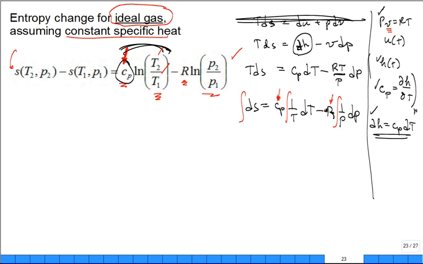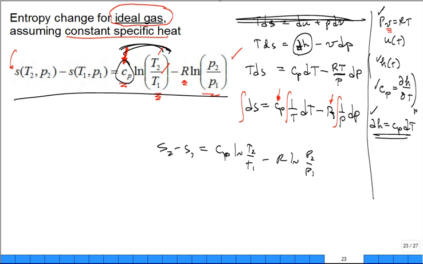Is R, the gas constant, a function of pressure? Never. So it comes outside, and we're left with S2 minus S1 is equal to C sub P natural log T2 over T1 minus R natural log P2 over P1. Boom, there it is. That's our equation.